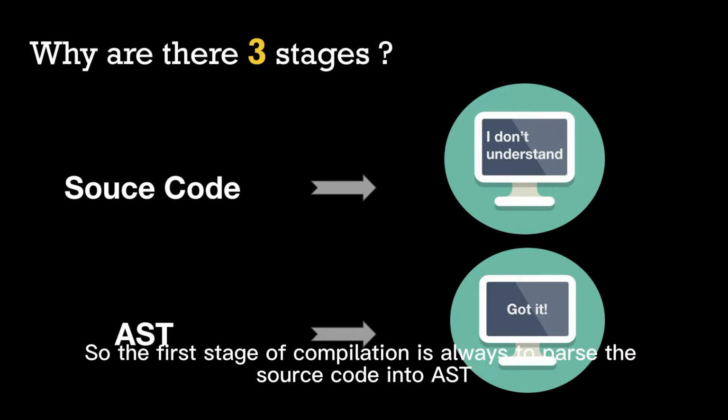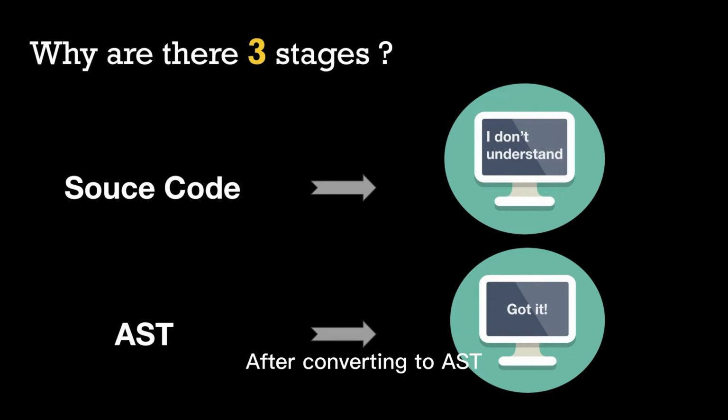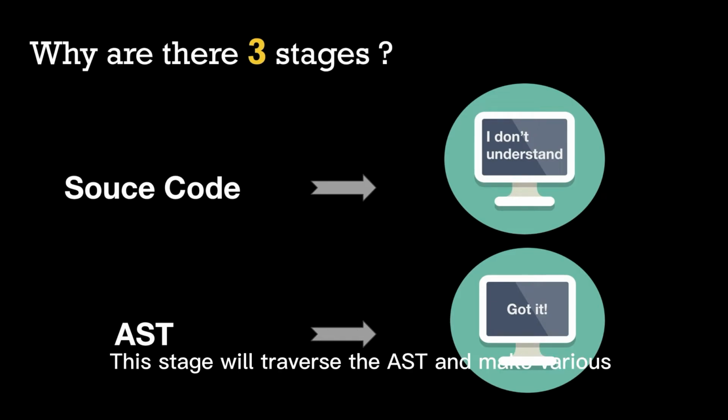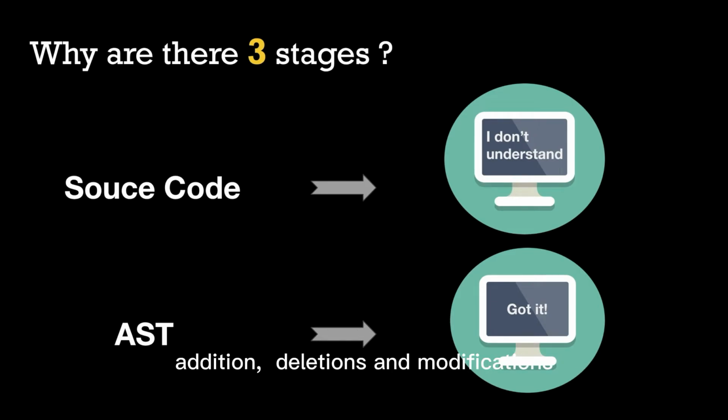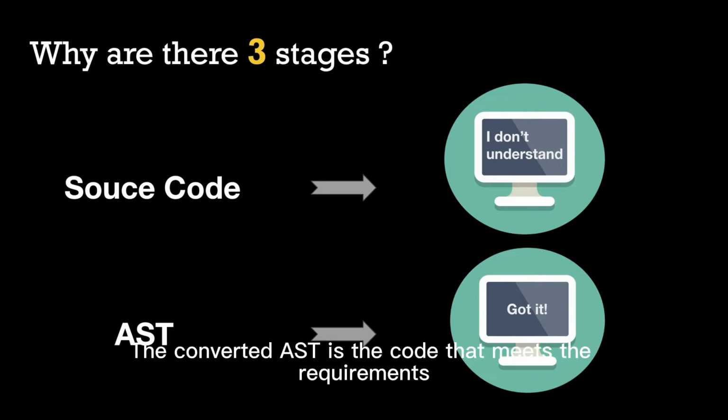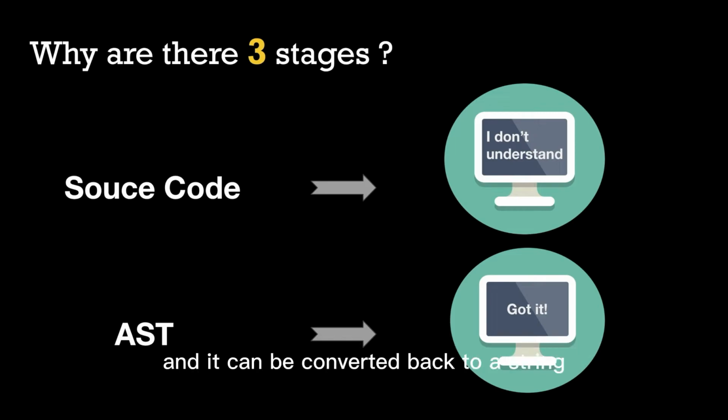So the first stage of compilation is always to parse the source code into AST. After converting to AST, you can modify the code through the AST. This stage will traverse the AST and make various additions, deletions, and modifications. This stage is also the core part of Babel. The converted AST is the code that meets the requirements, and it can be converted back to a string.